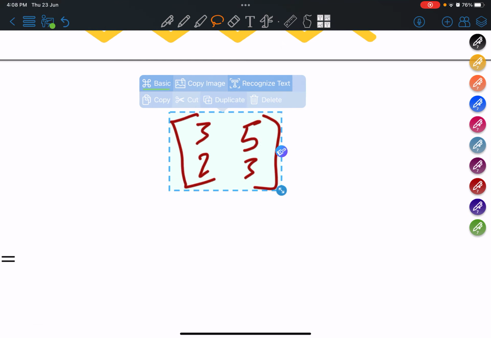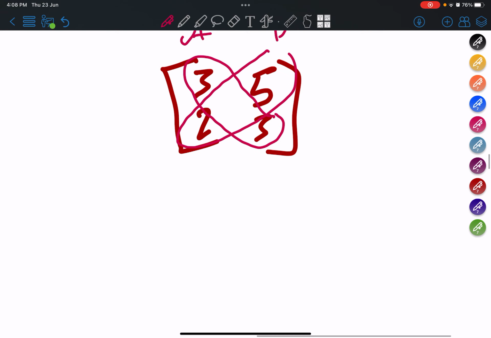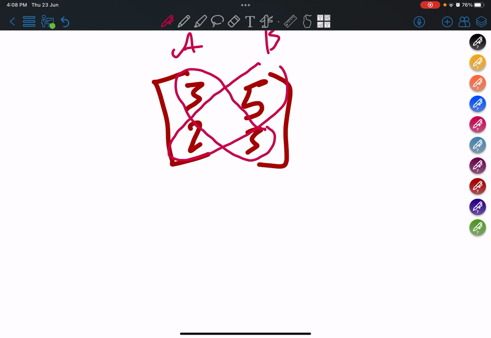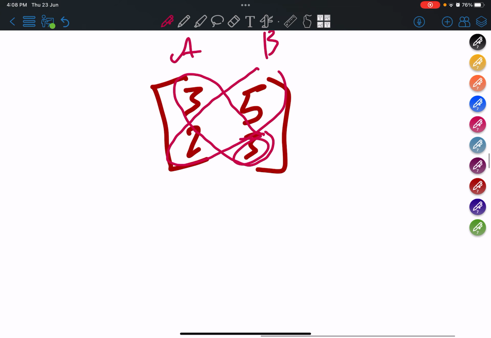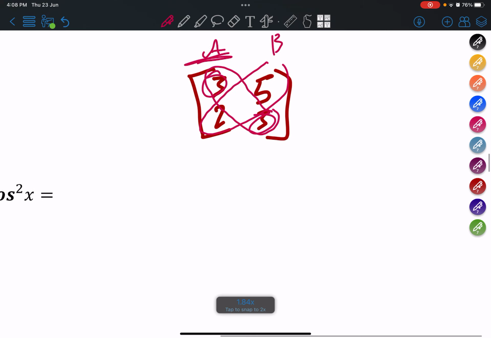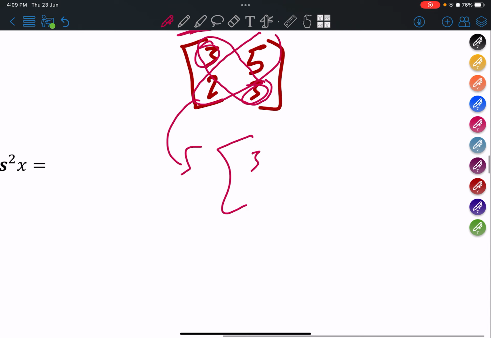So the adjoint of this matrix is basically taking these two together, let's label these as A, and taking these two together, and let's label them as B. What we'll do is we will transform the positions of the elements in A, sorry, the 3 and 3, and for B, we'll just take the inverse sign, which will mean that it will equal to, here, 3 and 3 are equal to each other, so nothing will change.